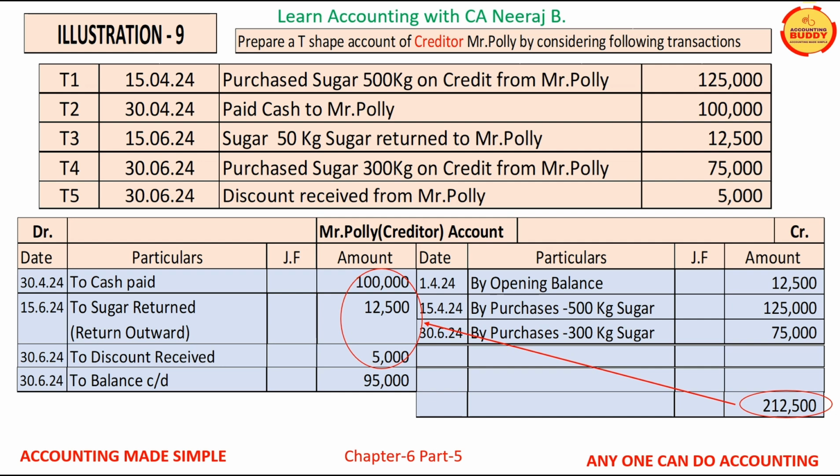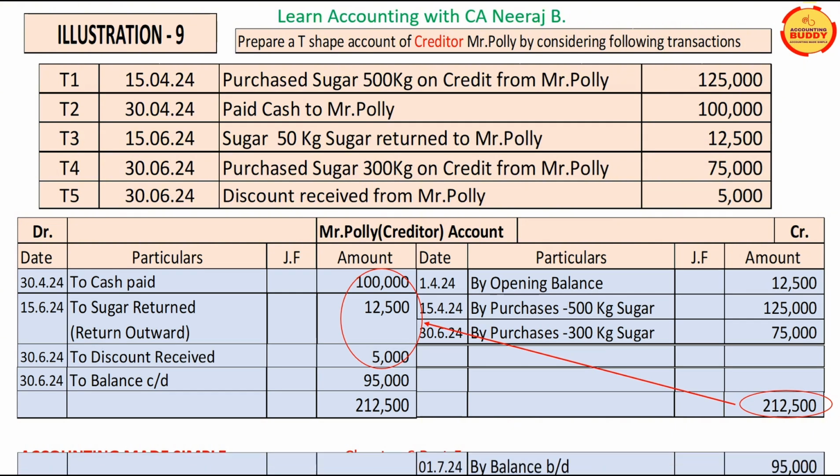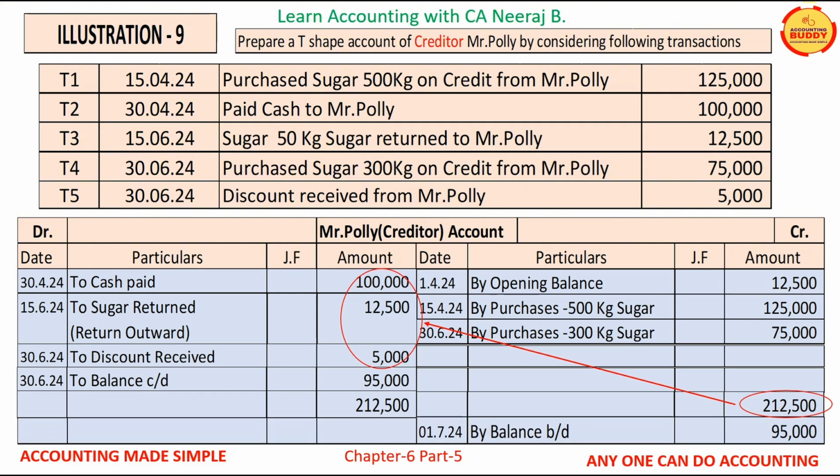The debit side total will also be 212,500, and thus the account will be balanced. The balance carried down as on 30th June 24 will become the balance brought down as on 1st of July 24.